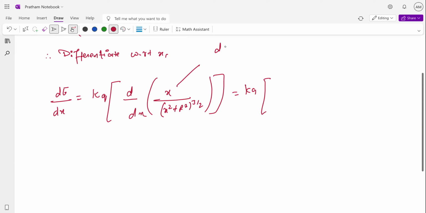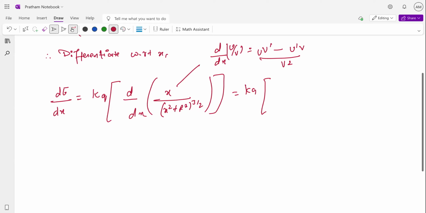Basically, you have to use the u by v method of differentiation. Take the u normal, put it like this, and differentiate this. Remember this part? Yes.